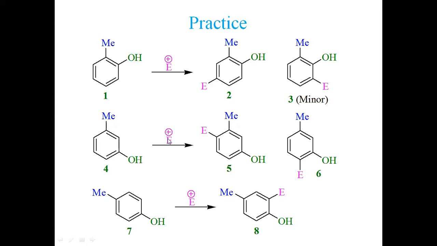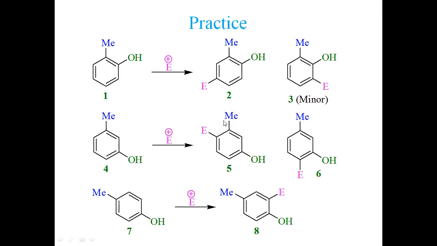So it is not going to approach here, two positions remaining. One is this and other one is that. One is closer to methyl, other is closer to hydroxyl. But both of these are sterically crowded. So none of them should be major and minor. Both shall be equal.